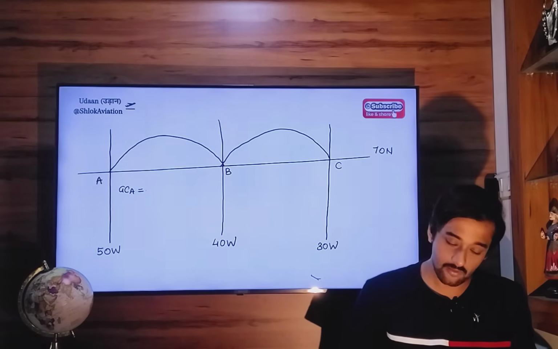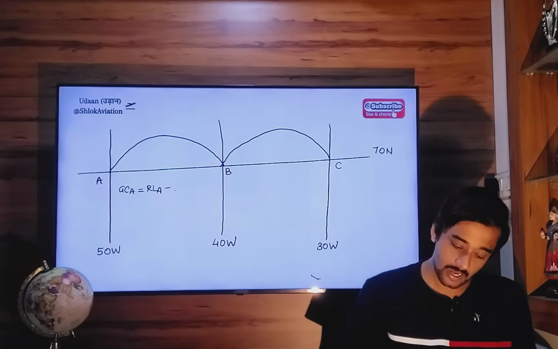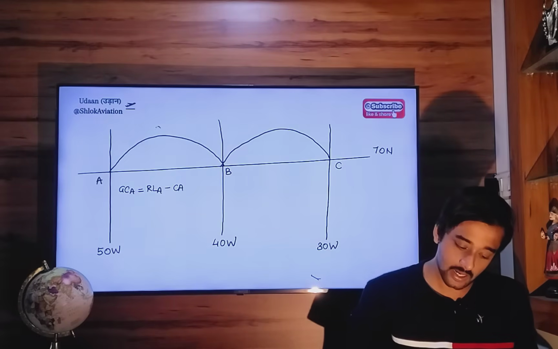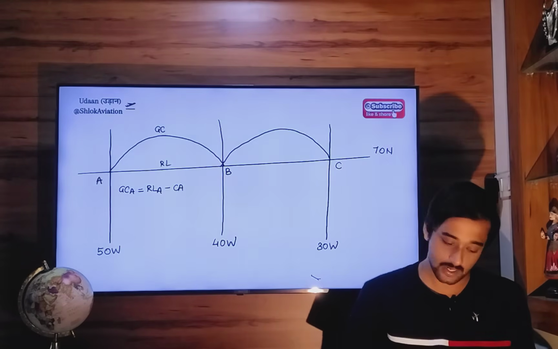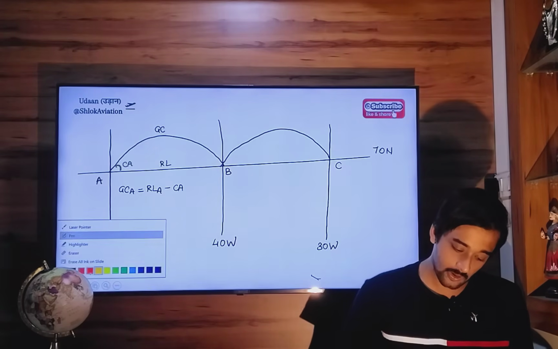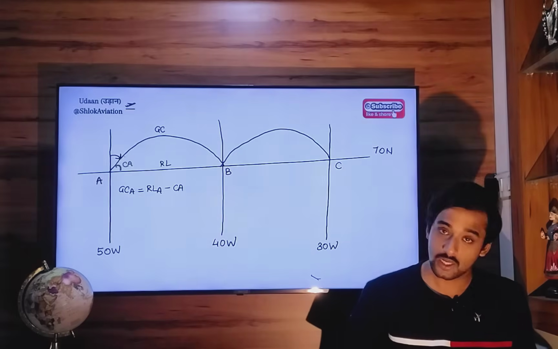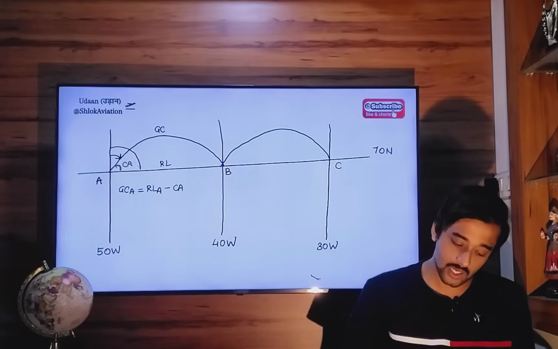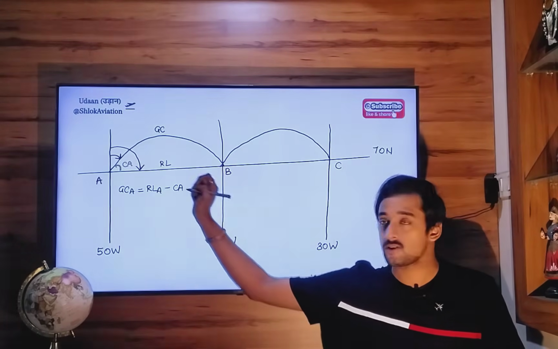Great circle track at A will be rhumb track at A minus convergency angle. This is your great circle track, this is your rhumb track. This is the convergency angle between them. So great circle will be only this much. So it is nothing but this big rhumb track minus this small convergency angle.